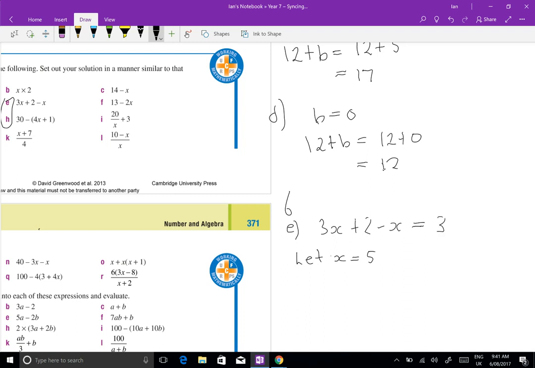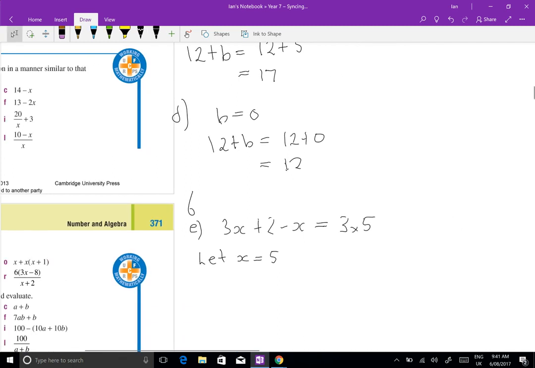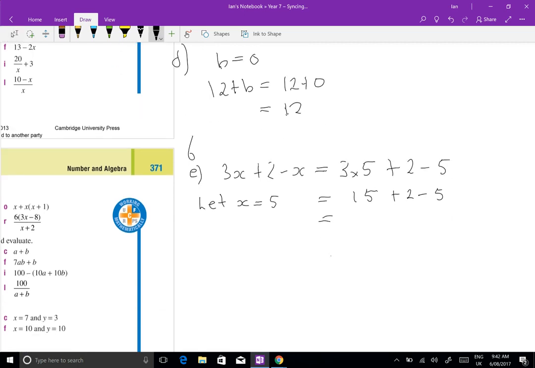It's not 35. It's 3 times 5, plus 2 minus 5. And that'll be 15 plus 2 minus 5. We know our order of operations, and you'd do this on your calculator if you had one. 15 plus 2 is 17 minus 5. That will give us 12.